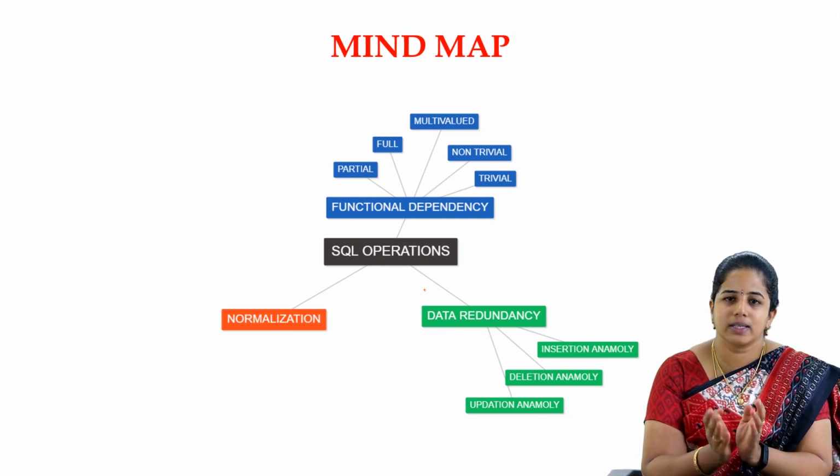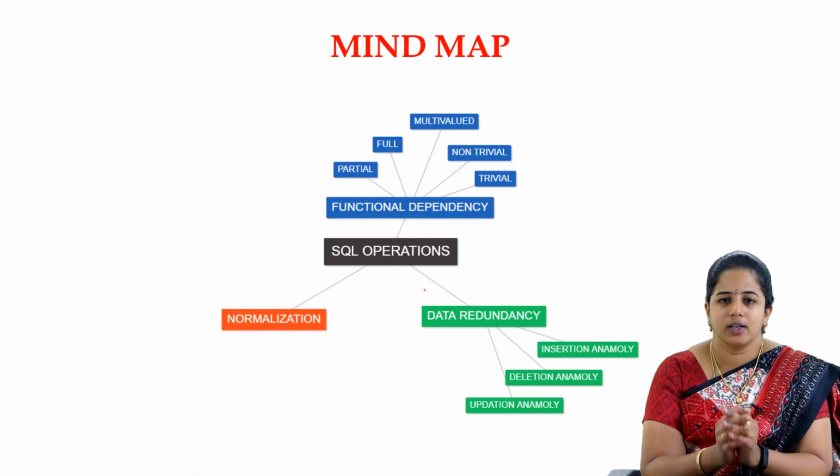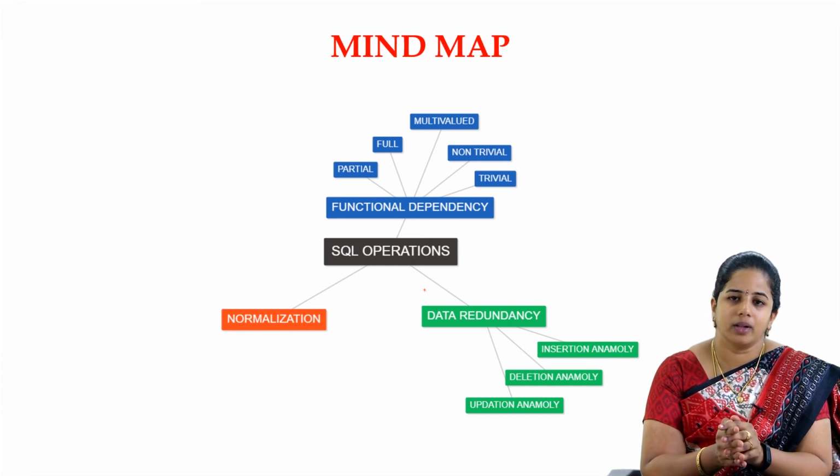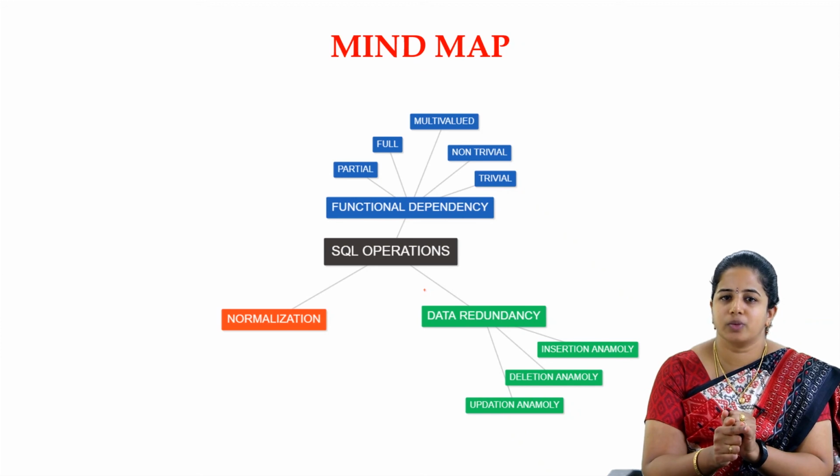Normalization will organize the data into multiple related tables. In that we have seen first normal form, which is a very essential condition for a table. Any table should at least be in the first normal form. It is a primary criterion for any table in your database. If a table is said to be in first normal form, it should contain only atomic values and it should contain unique attribute names.